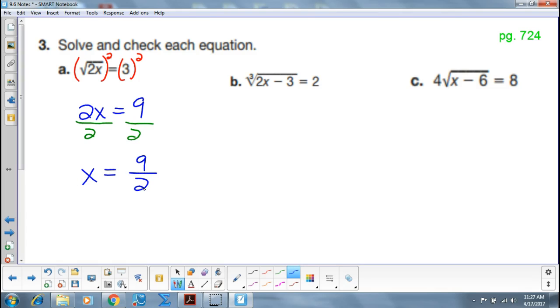I have to check that. 2 times 9/2 would equal 9, right? Square root of 9 is 3. 3 is equal to 3. So it checks out.